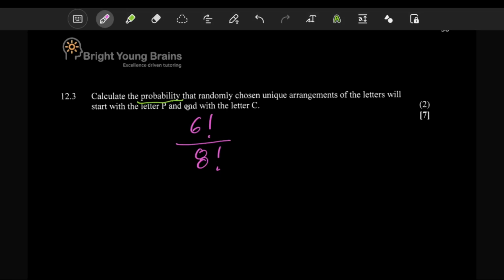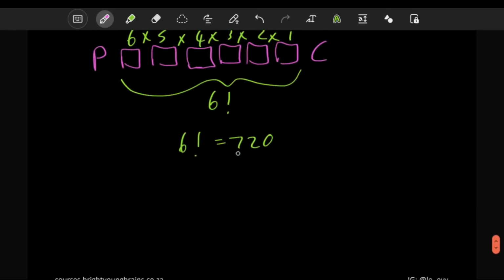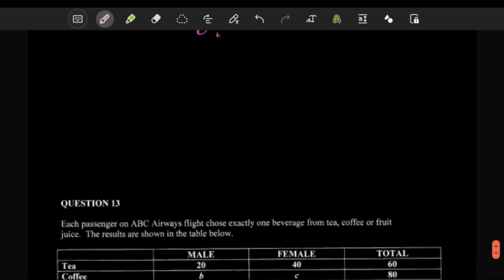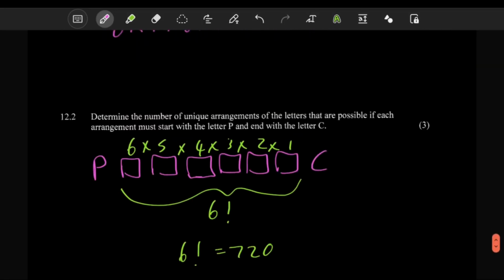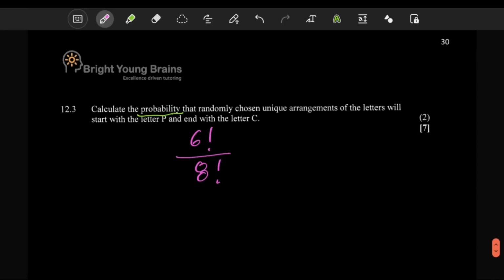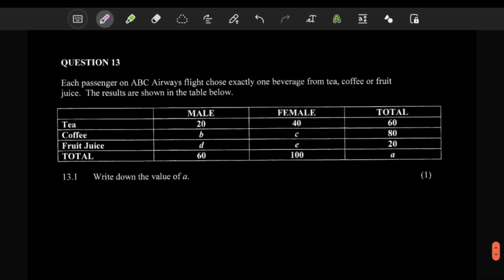So you have 720 options where that happens, but in total you have 40,320 options without any restrictions. So the probability of starting with a P and ending with a C is 1/56.